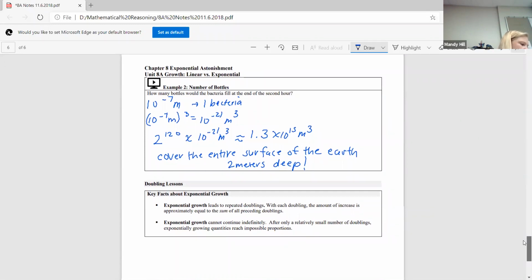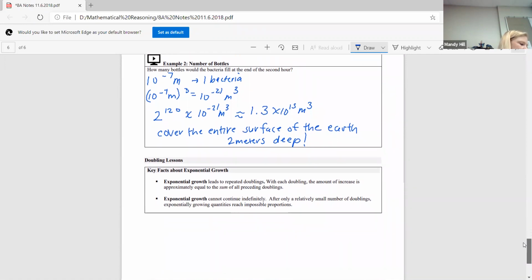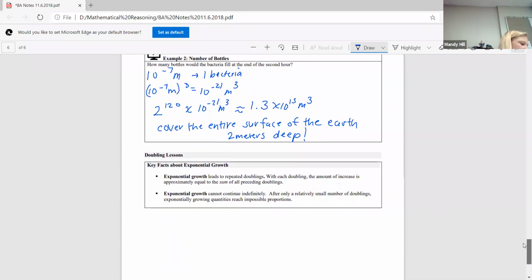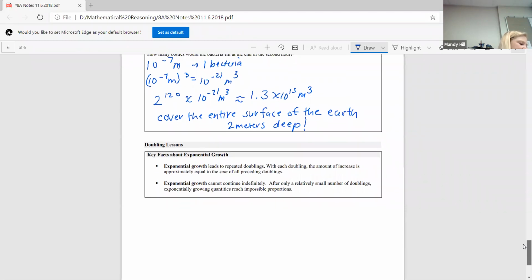For this calculation, we start with the fact that the bacteria have filled 1 bottle at the end of the first hour. As we continue to double, it's going to fill 4 bottles at 12:02, and so on and so forth. So the number of bottles filled at 2 to the m, where m is the number of minutes that have passed since 12 o'clock, there must be 60 minutes in the second hour.